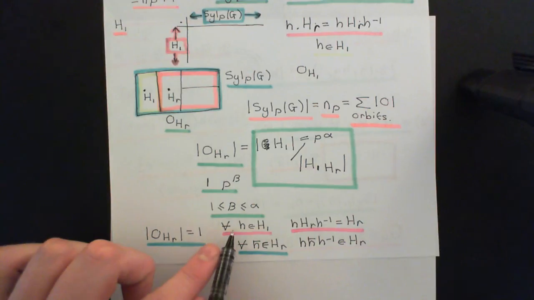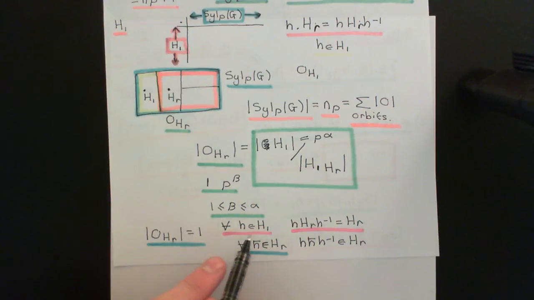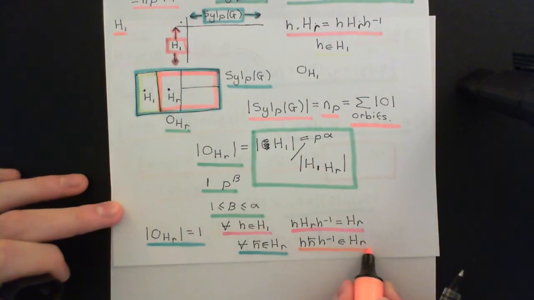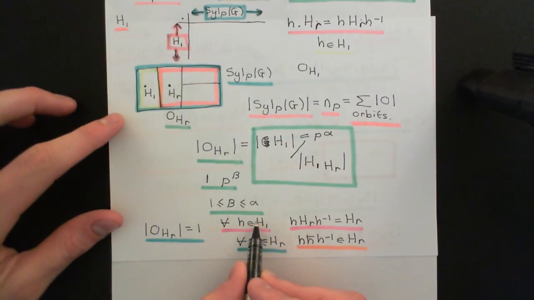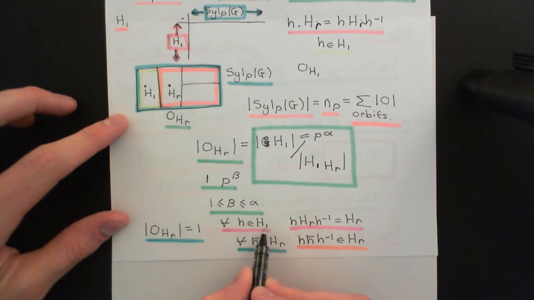So whatever little h you pick from this first Sylow p subgroup, capital H1, and whatever h bar you pick from my Sylow p subgroup, capital HR, when I conjugate little h bar by little h, I end up with some other answer that is back within my Sylow p subgroup, capital HR. Now, what does that mean about all of these elements in this Sylow p subgroup, capital H1?